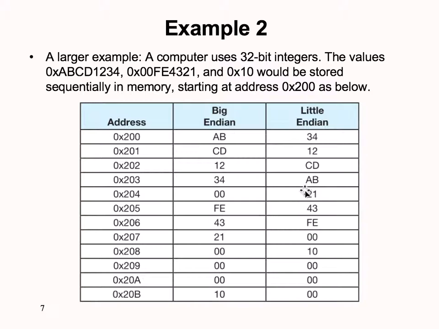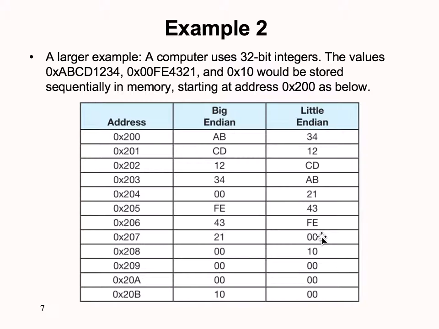Again, the least significant byte is stored first, at address 204: 21, 43, FE, and 00. So the most significant byte is represented last in the second number.